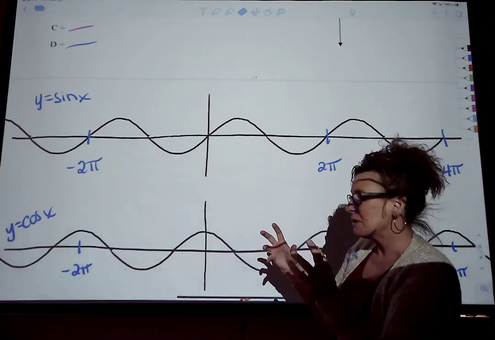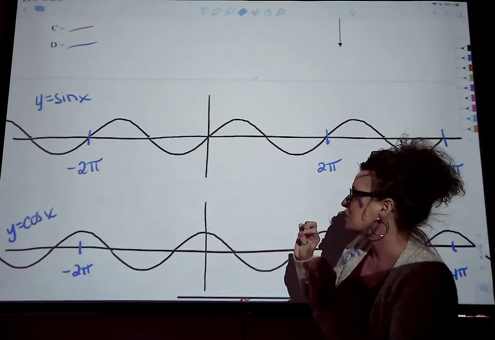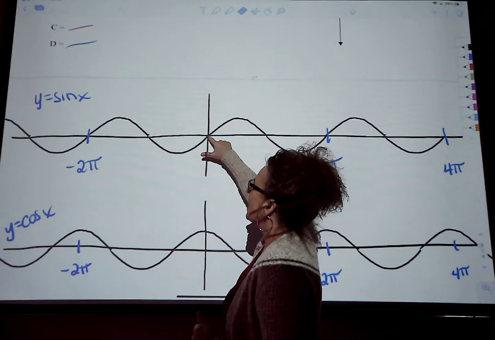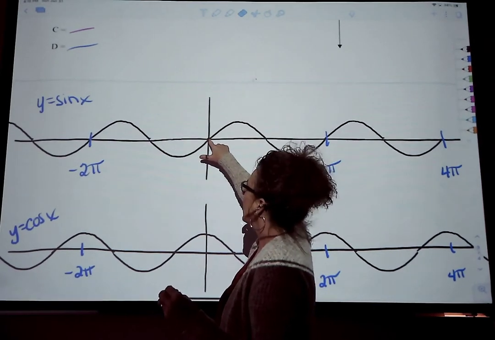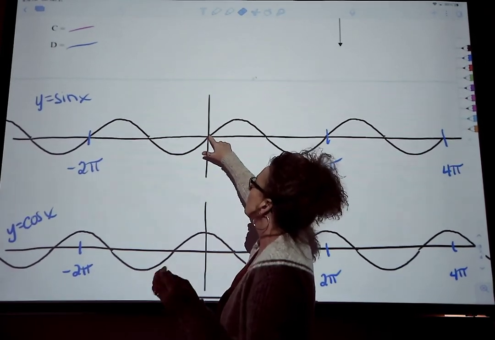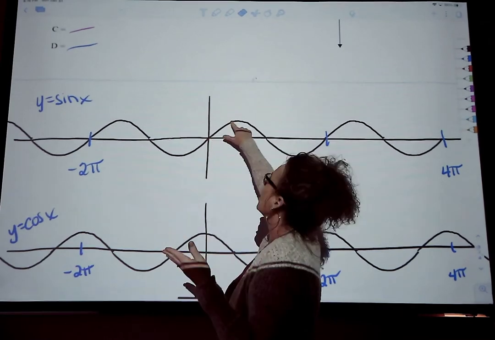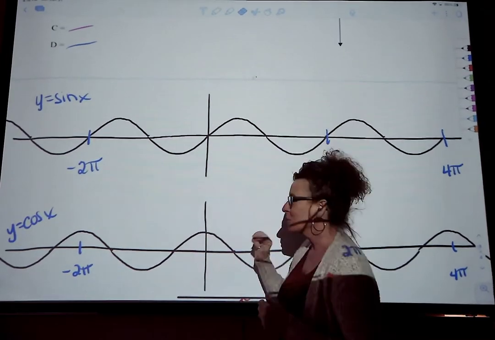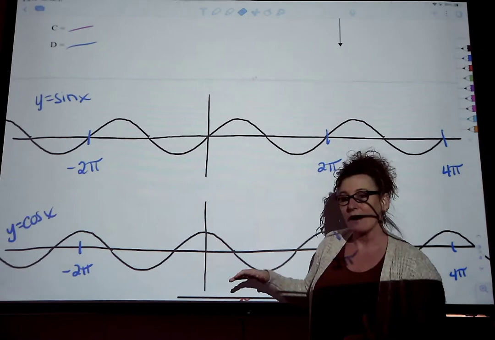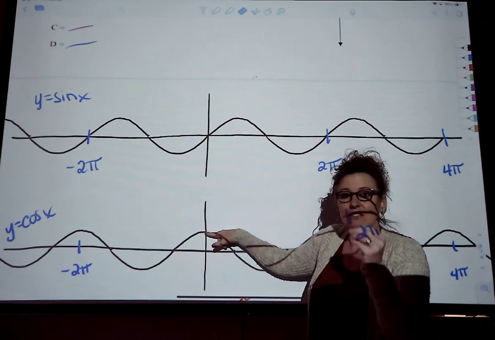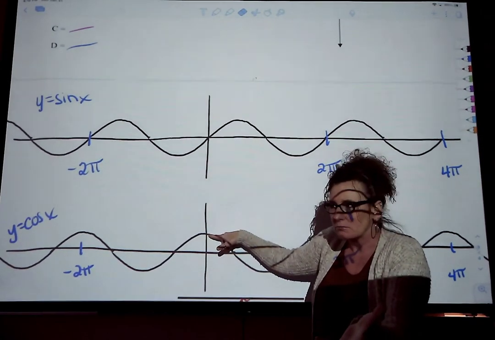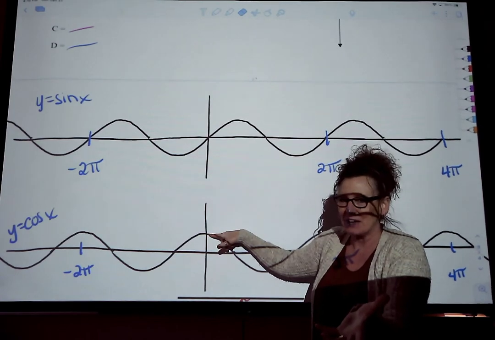Cosine, pretty much exactly the same, except whereas sine starts at the origin and is kind of ready to create an up hump, cosine starts with a y value of 1 and it already starts in the middle of an up hump. That's the best way I can think to put it.